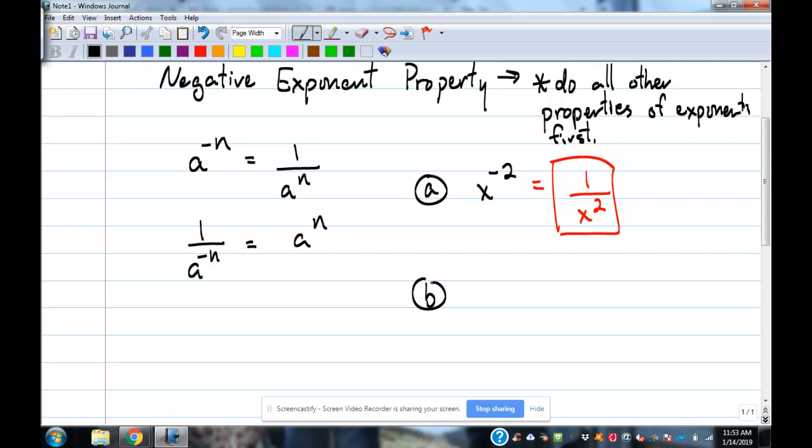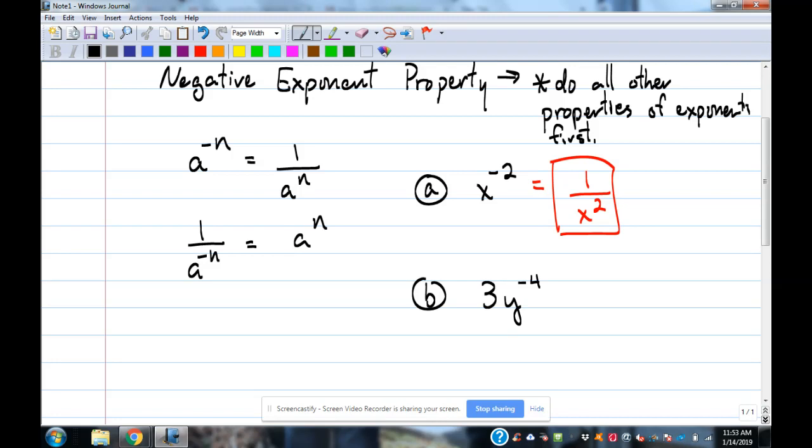I think it makes even better sense when there's something else in the problem. 3y to the negative 4. So what part of that has a negative exponent? The y does. The 3 has what as an exponent? Positive 1, right? So which one needs to move to make it positive? The y is the only one that needs to move.